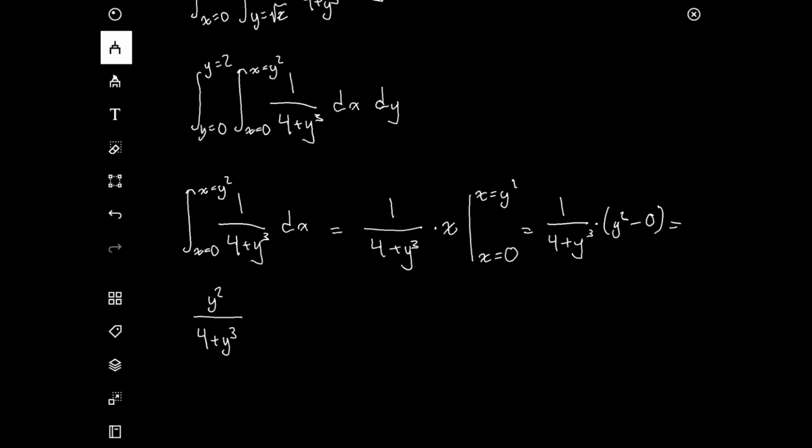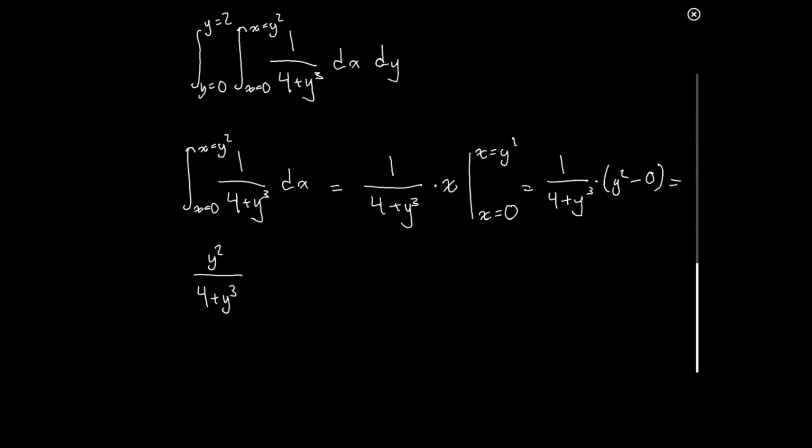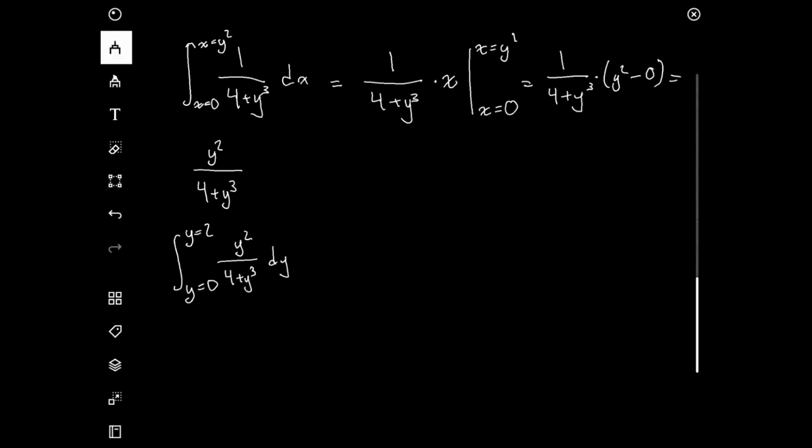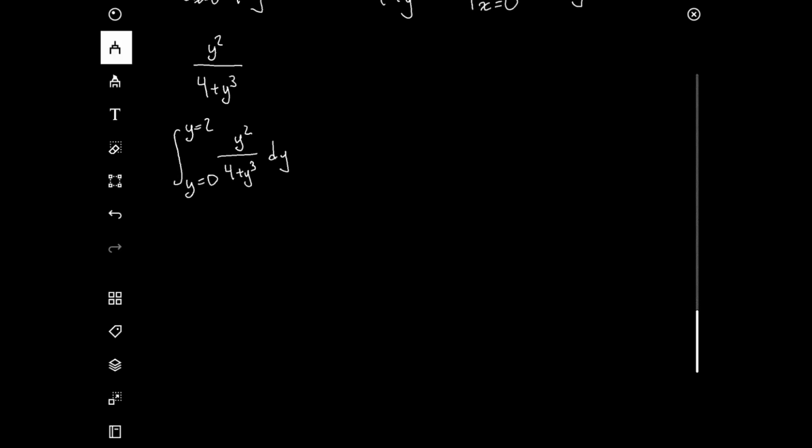All right, so we got through the first integral. Now we plug that into the second integral, from y equals 0 to y equals 2, of y squared over 4 plus y cubed dy. Now let's try u substitution again.